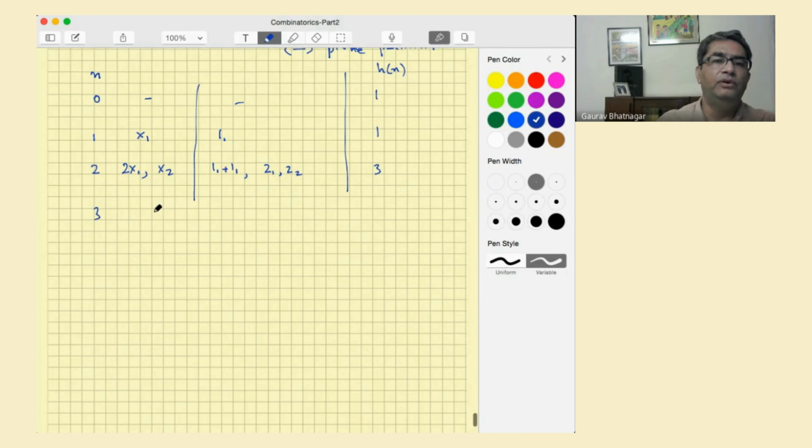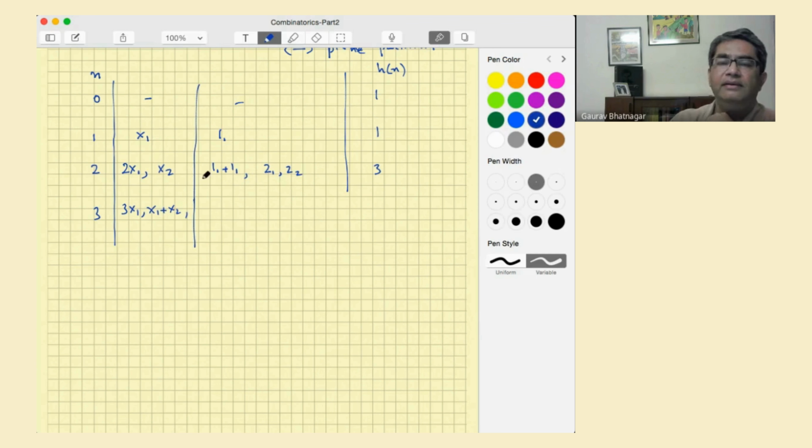Okay, for n equal to 3, so 3x1, x1 plus x2. So our counting approach is the same, except that now they are sets, and the numbers are increasing. Okay, and x1 plus x2 and x3.